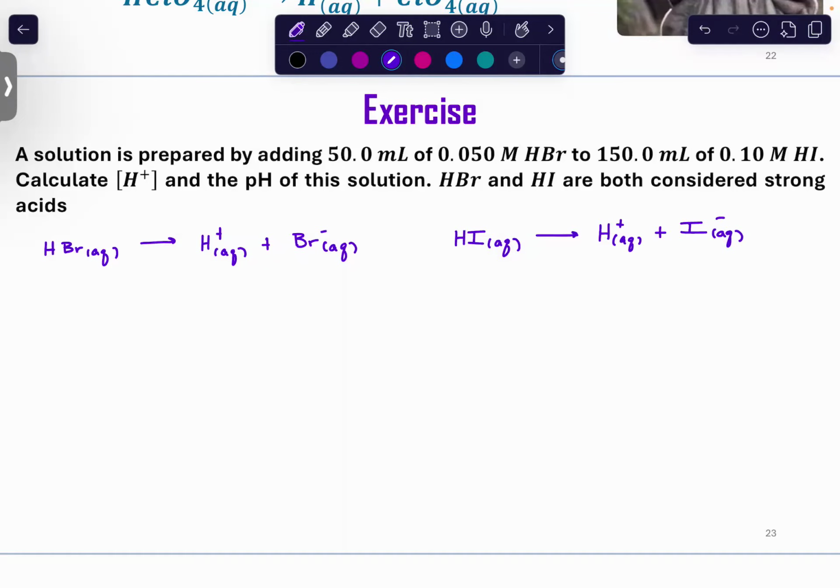Are you guys able to do your oxidation states? Because when you're doing homework problems, if I don't get ion charges, that's going to be problematic. Oxidation state is going to be the charge on the ion. Those are your oxidation numbers.